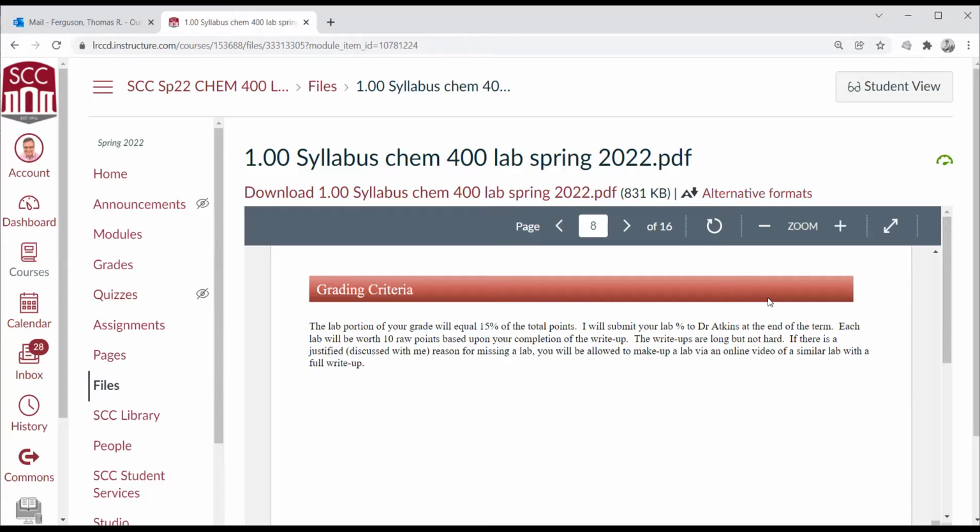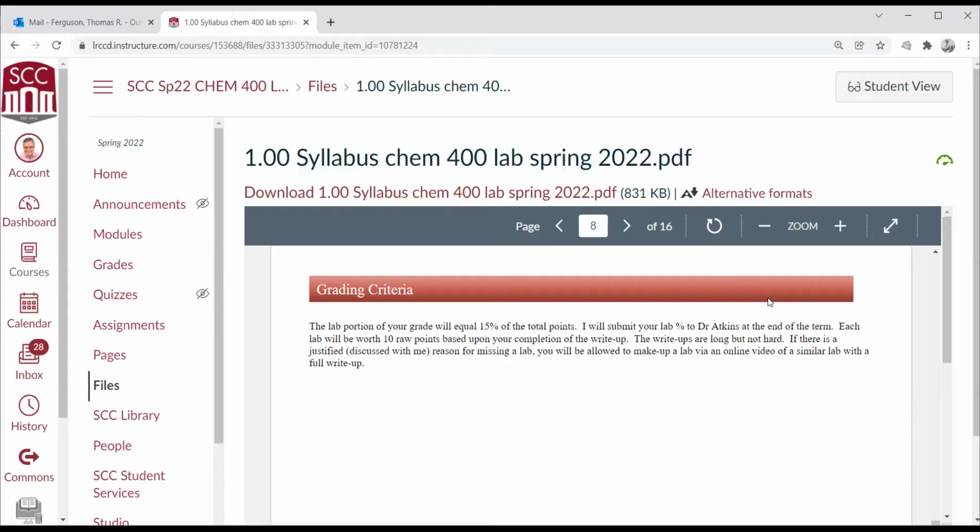Okay, each lab will be worth 10 raw points. So say we have 12 labs, that means you're going to end up with 120 possible raw points. I would then convert that to a percent, and then convert that to 15% of that percent. And that's what I would then tell Dr. Atkins what you got in the class. Okay, does that make sense?